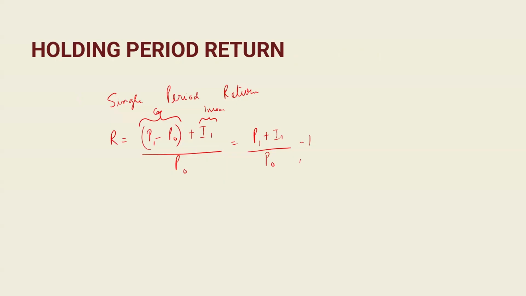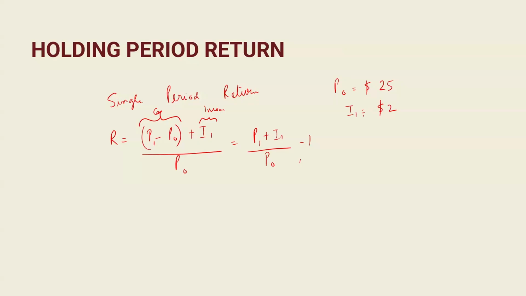Okay. If you want to take a practical example, let's say you have a stock which you purchased for, say, $25. This is your P naught. And you get an income or a dividend of, say, $2.